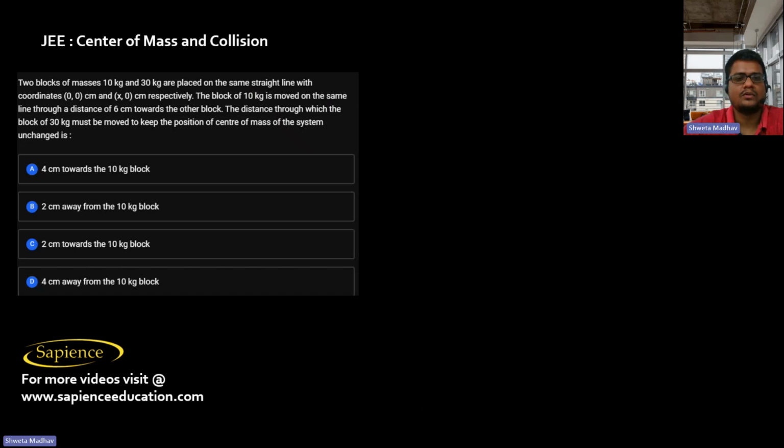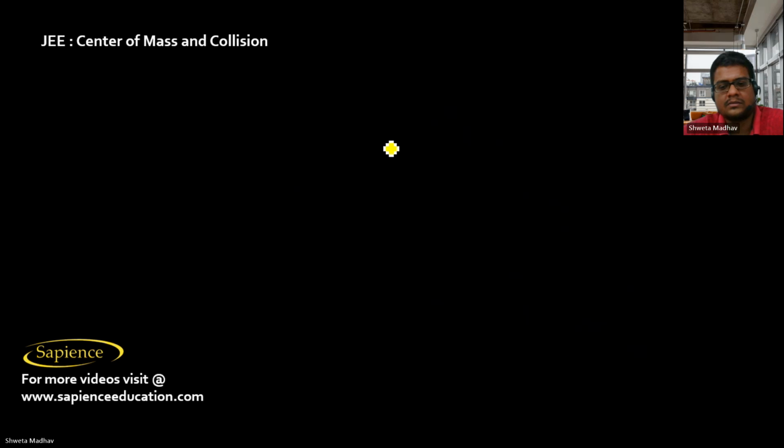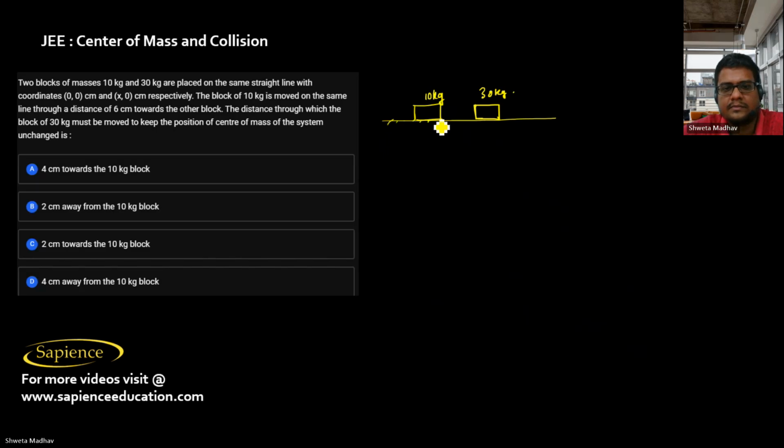Here it is told two blocks of masses 10 kg and 30 kg are placed on the same straight line with coordinates 0, 0 centimeter and x, 0 centimeter respectively. Two blocks are there, one of mass 10 kg and one of mass 30 kg, placed on the same straight line with coordinates.